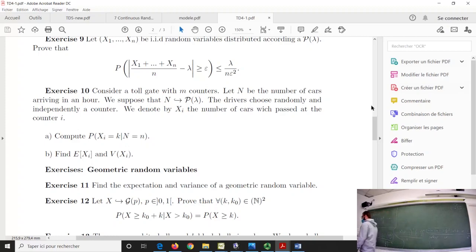what is the limit of 1 plus x over n to the power n? It may be one definition of the exponential. This converges to the exponential of x. If you want to show why this limit is this one, you say that 1 plus x over n to the power n is equal to the exponential of the logarithm of the same quantity.